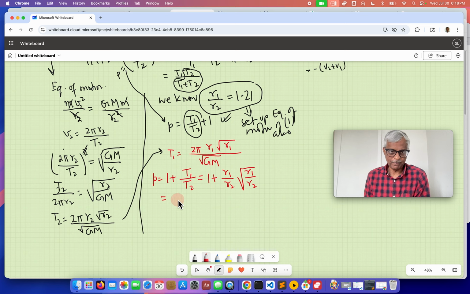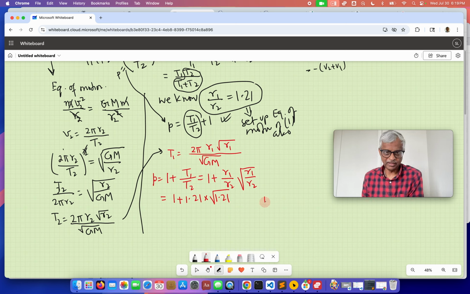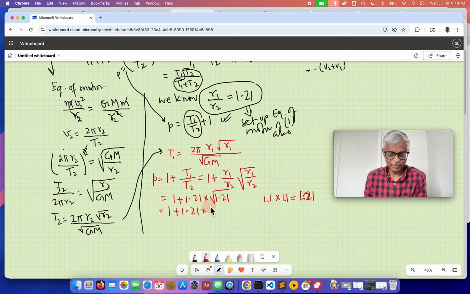So 1 plus 1.21 times the square root of 1.21. I think it's 11 times 11 is 121, so 1.1 times 1.1 will be 1.21. So this is 1 plus 1.21 times 1.1.